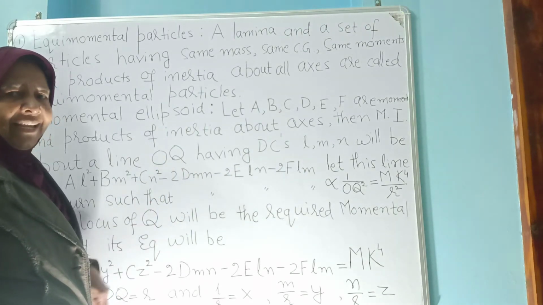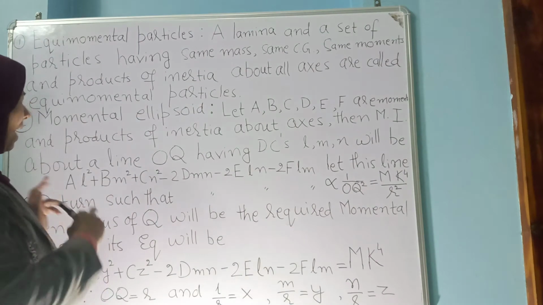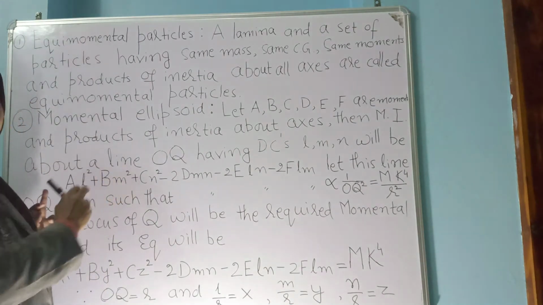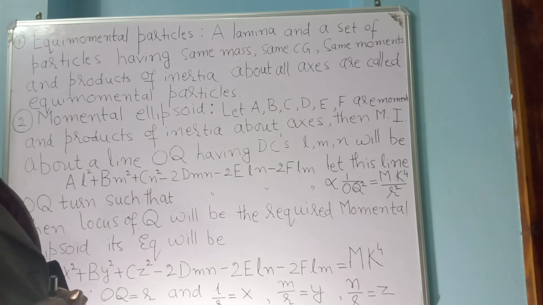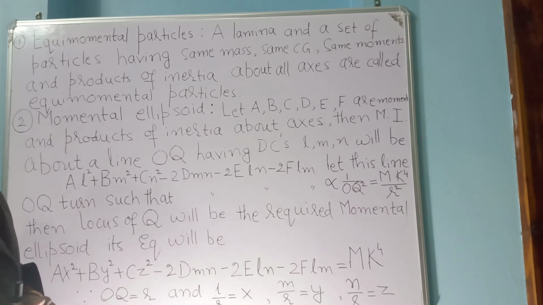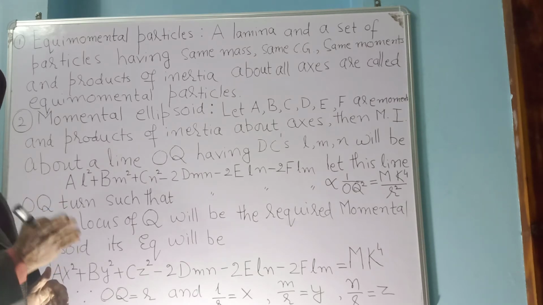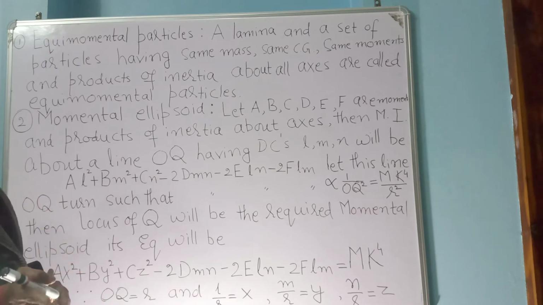Then the moment of inertia about an inclined line. This we have also calculated, isn't it? The inclined line is inclined at an angle theta with the x-axis, and the direction cosines of that line are known to you.